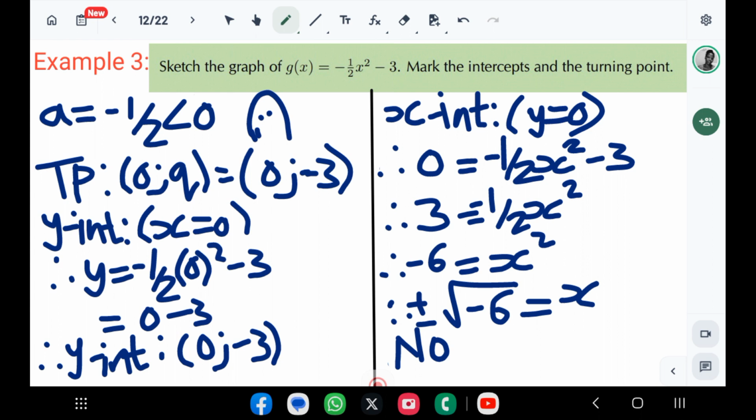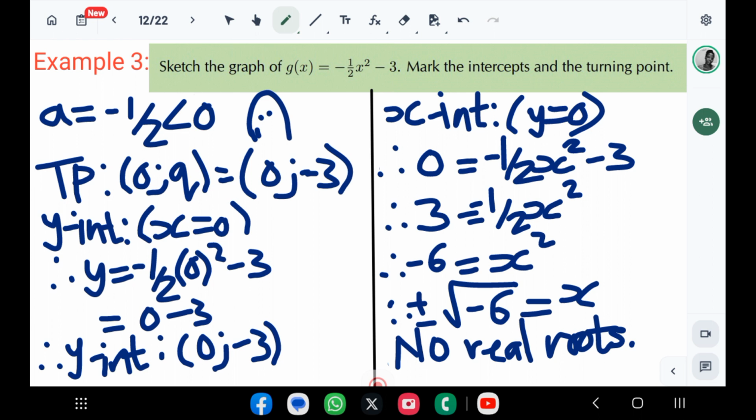You will figure out exactly how to determine whether a number is an imaginary number. So no real roots. We do not have x-intercepts in this one, which makes sense, and you'll see why it makes sense.